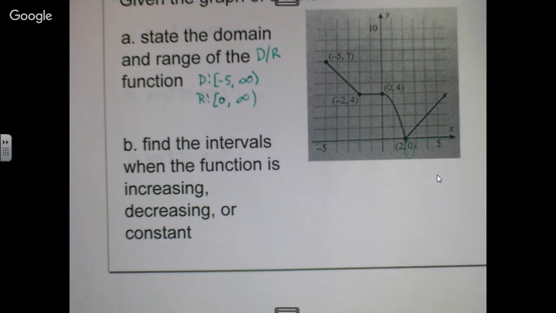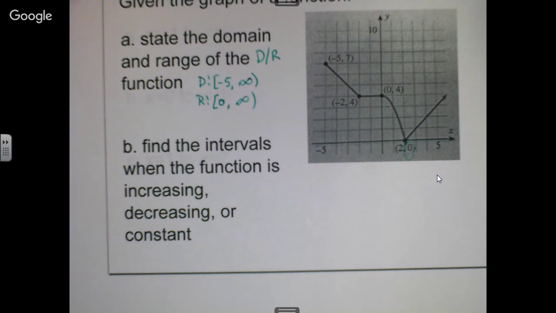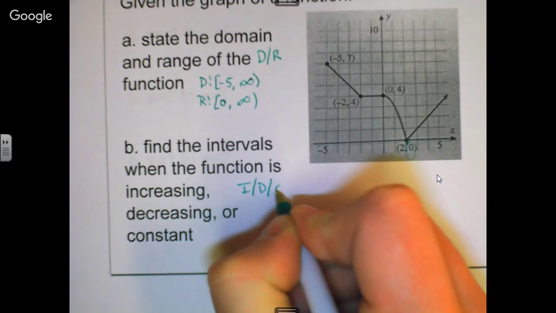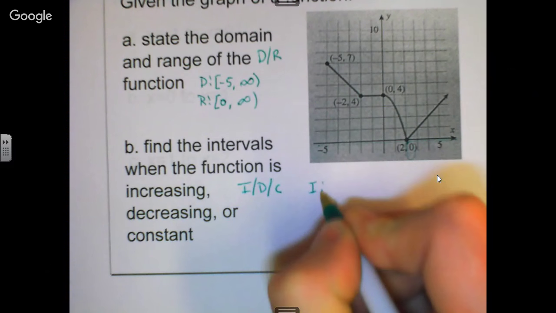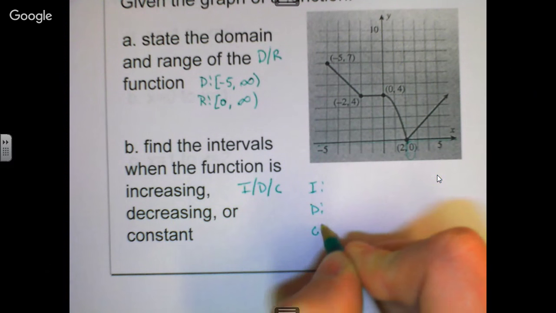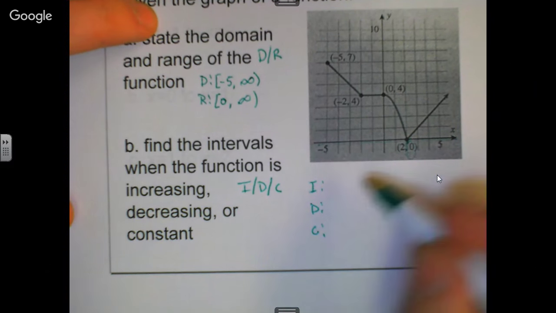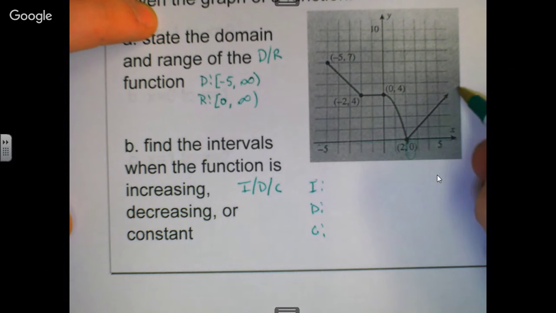Find the interval when the function is increasing, decreasing, or constant, which I often abbreviate. So when is my graph increasing? That means when does the graph have a positive slope? From here on, it's got a positive slope.